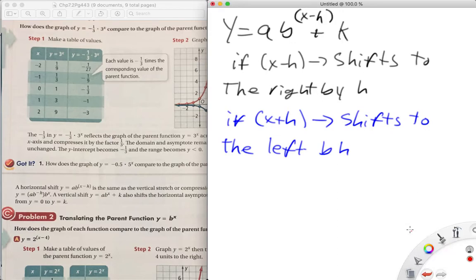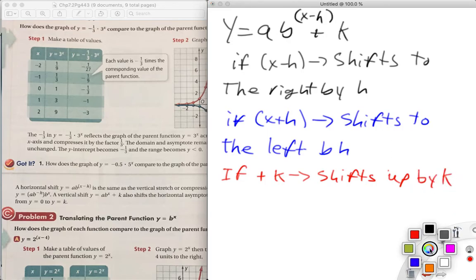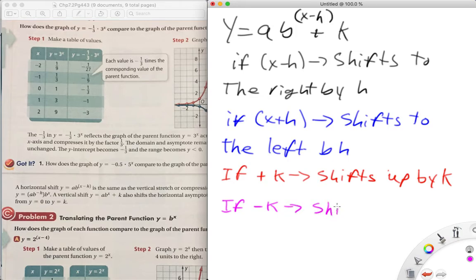So if k is positive, then it shifts up by k amount, and if it's negative, it shifts down by k.